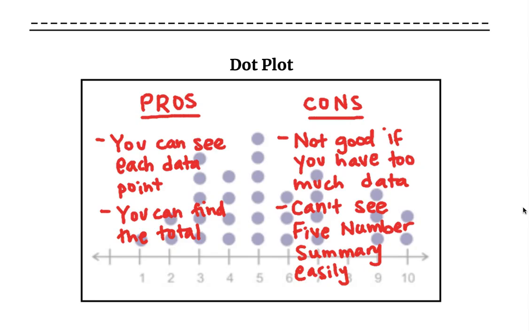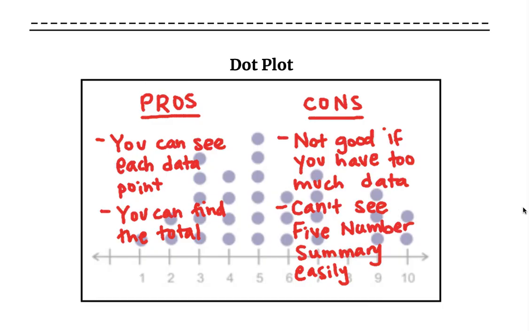You also can't easily see the 5-number summary. You would have to go through the dots and cross out things from front and back to figure out the median, and do that again to figure out quartile 1 and quartile 3. So you have to do some work to find the 5-number summary. So dot plot's not so great with complicated data.